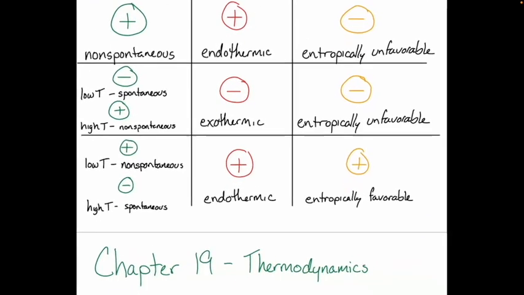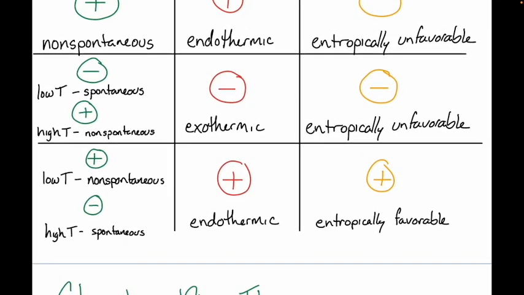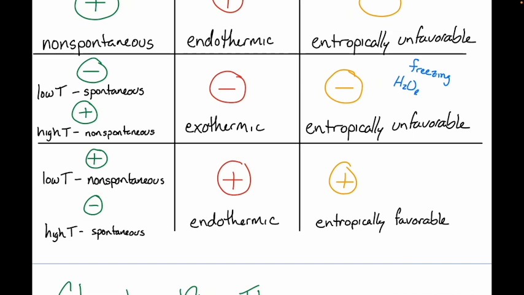Okay? And we've seen two examples of this already where we have this conflict, things that we kind of know intuitively. An example of an entropically unfavorable event that is exothermic would be freezing. Going from a liquid to a solid.